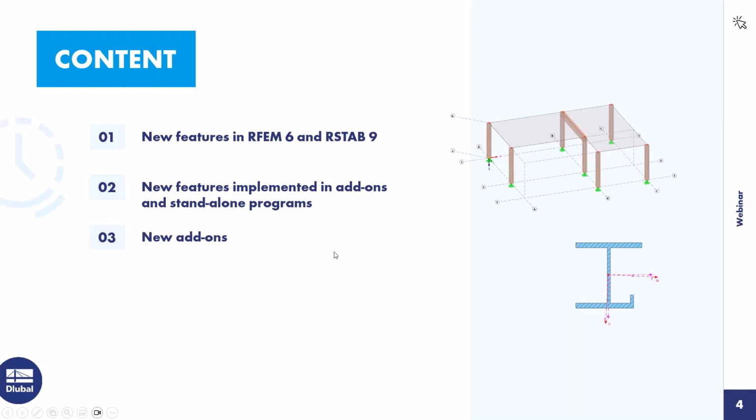Then I introduce new add-ons, and the last point is prospects. I give an overview of what we schedule to implement in the next time. The main presentation is in PowerPoint, but I will also introduce some features directly in the program, but only features that are in RFEM 6. I think those are the features that most of you are interested in.